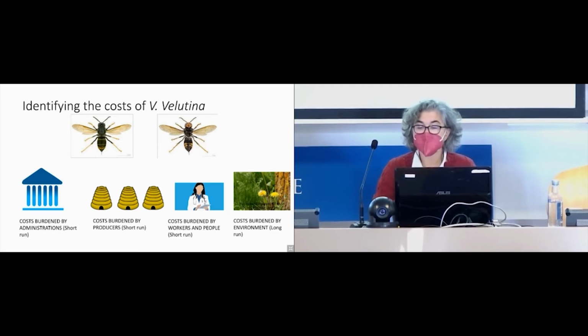This last will be long-run costs, and some of these costs have been reported this morning by the different speakers. For example, for costs borne by workers, we detected this kind of damages among people working in the forest sector or the agricultural sector when removing nests.